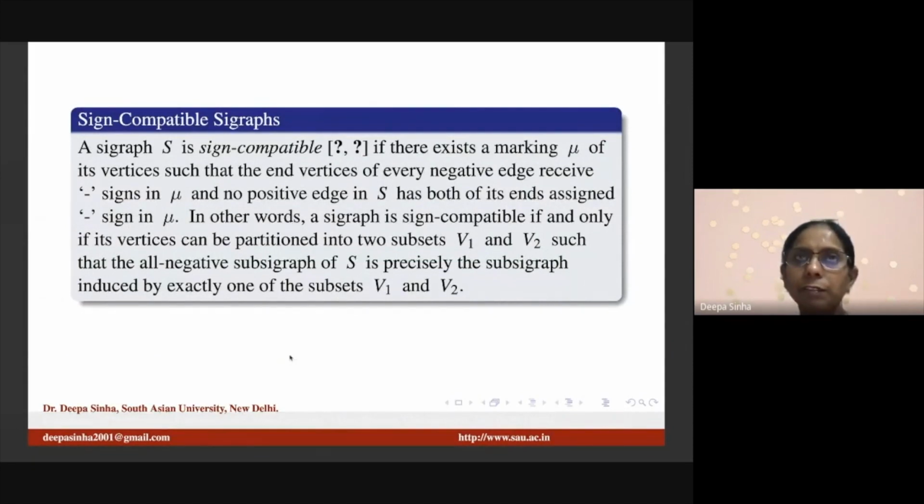So if a graph is sign compatible, then the vertex set can be partitioned into two sets, V1 and V2, such that either the graph induced by the vertices in V1 will be all negative, or the graph induced by the vertices in V2 will be all negative.